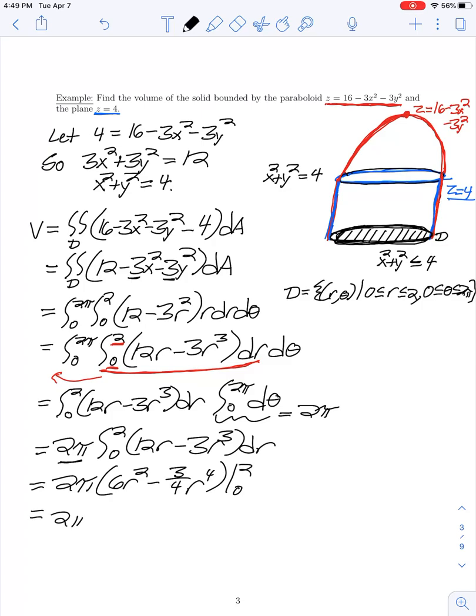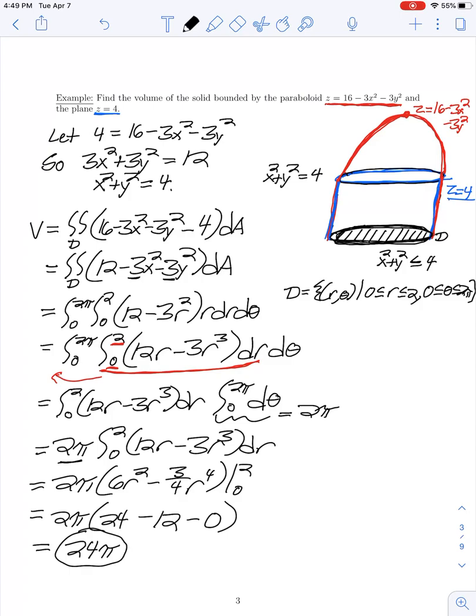So this leaves us with 2 pi times, if we evaluate at r equals 2, we have 24 minus 16 times 3/4 would be 12, and then we subtract what we get when we plug in 0 for r, which is 0. So we're left with 2 pi times 12, or 24 pi cubic units for the volume of this solid of interest.